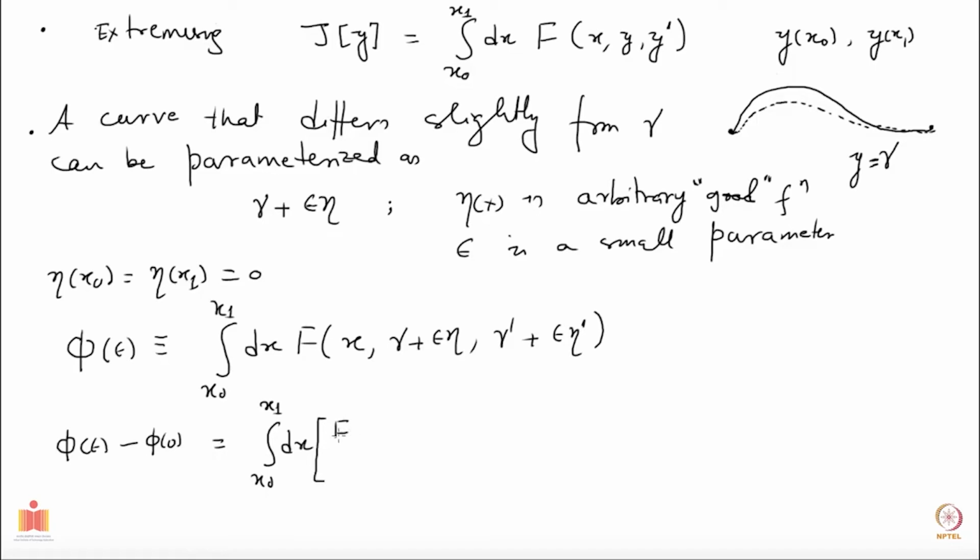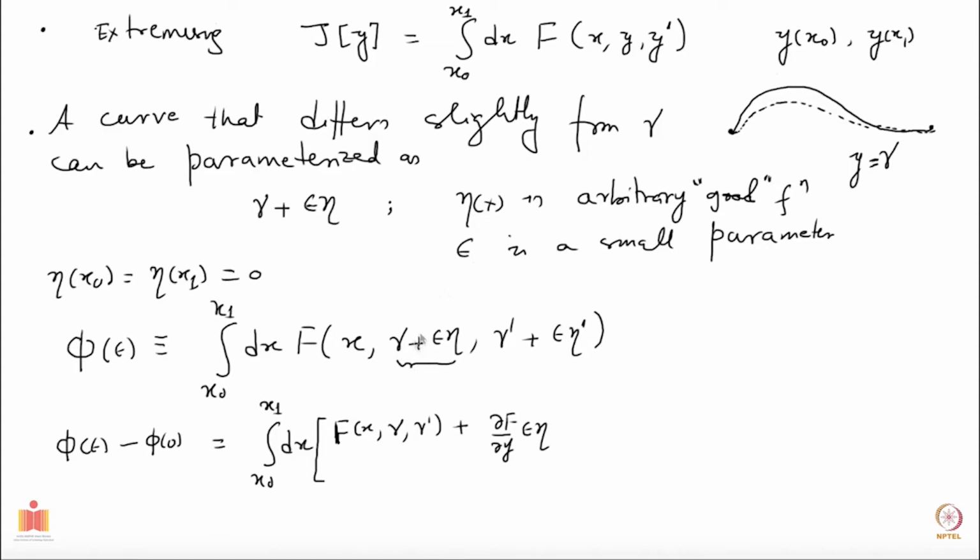so the first term in the expansion is f of x, gamma, gamma prime. Then you have del f over del y, epsilon eta. So here this is the place where y sits.